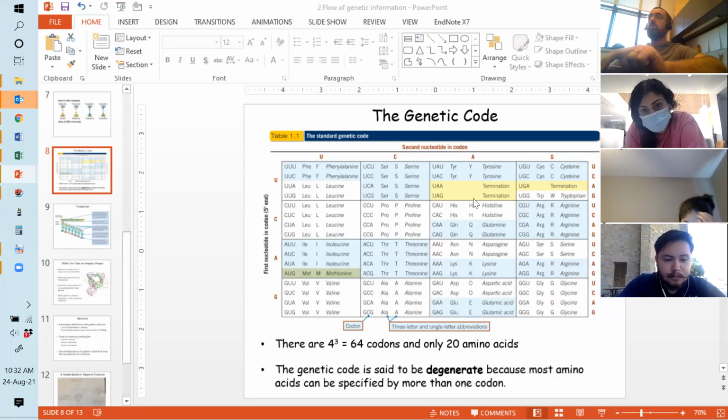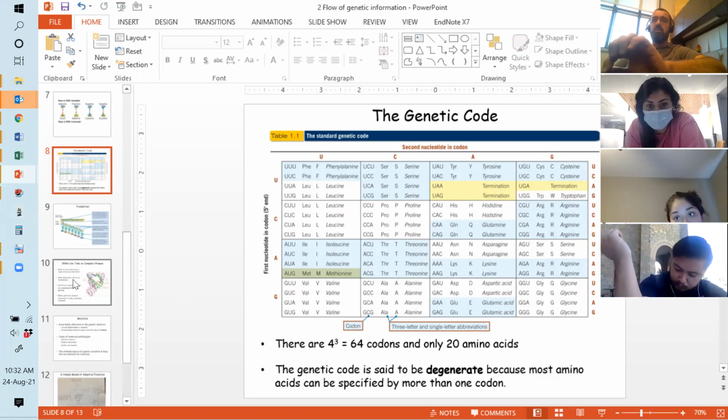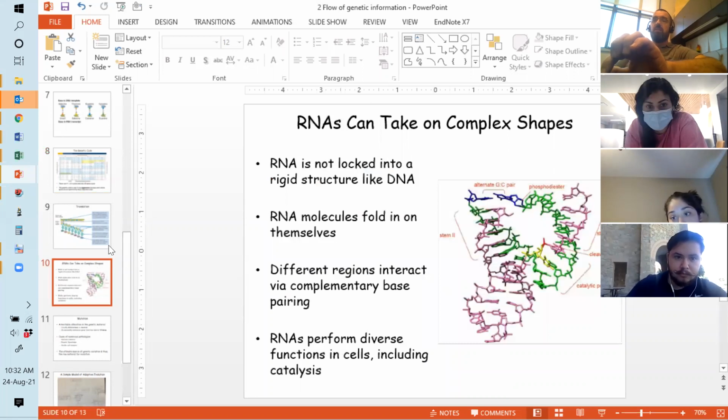These are used to stop translation, because obviously you've got to stop it at some point, right? At the end of whatever protein sequence is. These are called stop codons, right? I'll come back to that later. And so all of that basically ends up creating a protein.